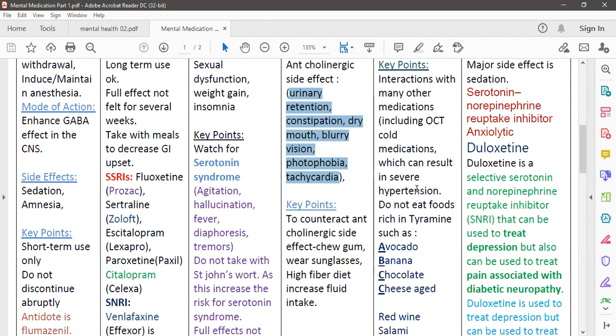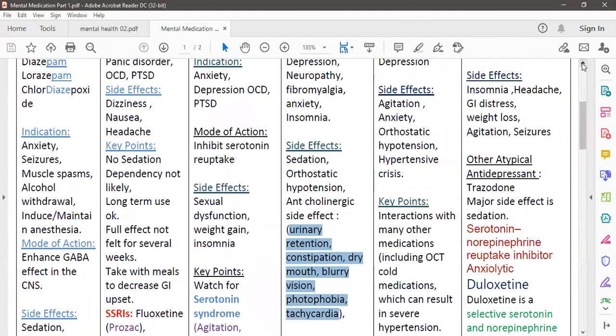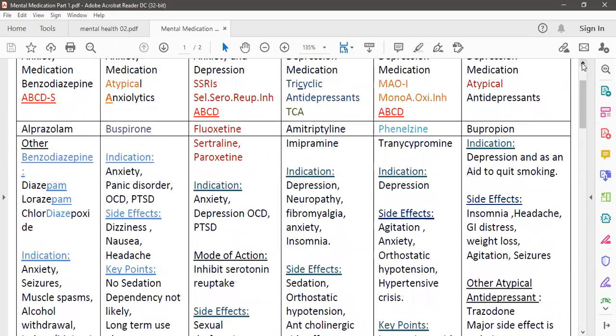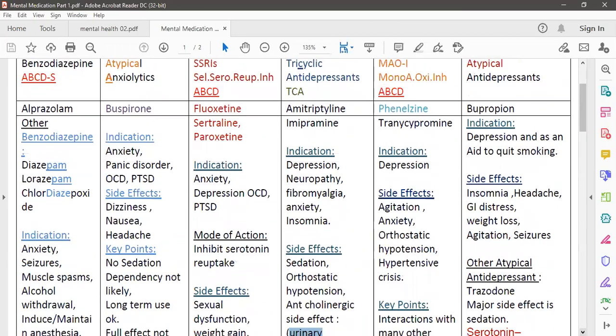Also, if your patient takes a monoamine oxidase inhibitor, tell them never to take it with any other antidepressant medication, right? Especially with SSRIs. SSRI and MAO inhibitor never ever together.